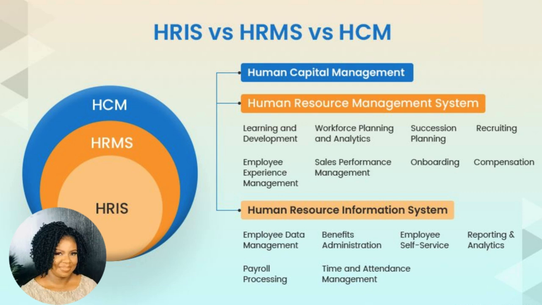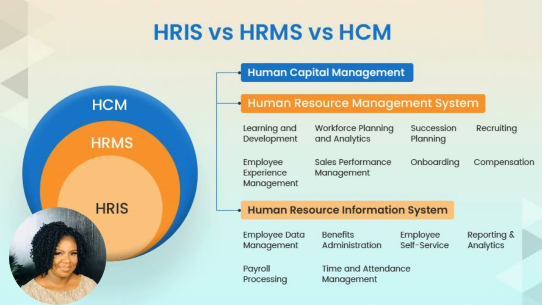So your human capital is the totality of your human workforce. Now, some organizations use robots, especially in the manufacturing sector. We're not talking about robots. Robots do not have feelings or emotions, well, except the new ones they are building now. But we're talking about the human factor of your organization.